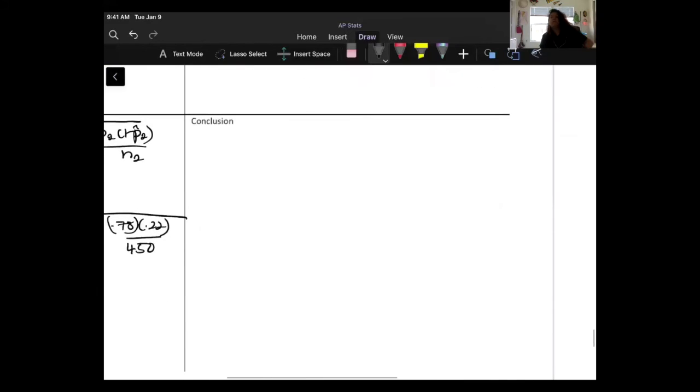Okay. Before I do the conclusion, you're going to go ahead and enter in what your conclusion is for this problem. Here's the conclusion for practice problem number 1.